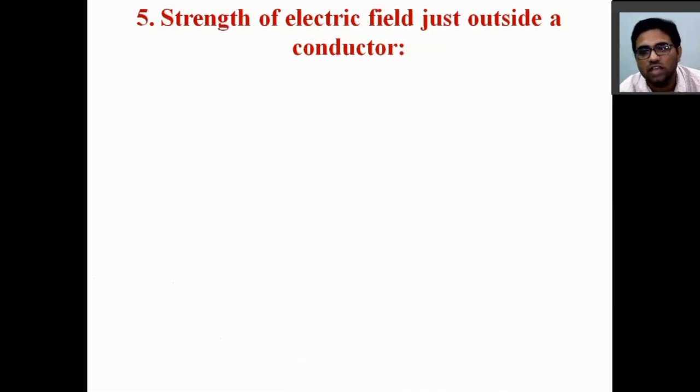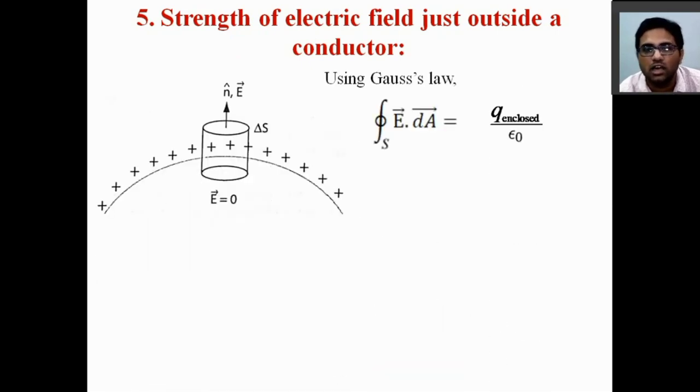Now let's calculate the electric field strength just outside a conductor. To calculate that, let's consider a conductor surface and draw a cylindrical Gaussian pillbox and use the integral form of Gauss's law.